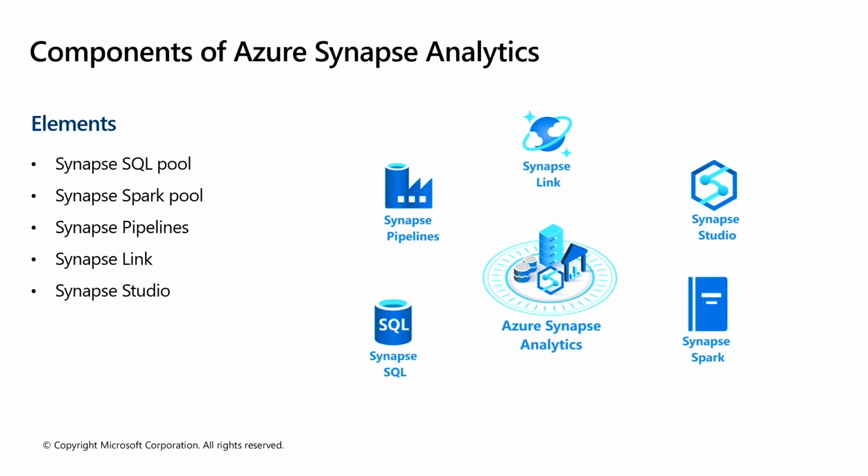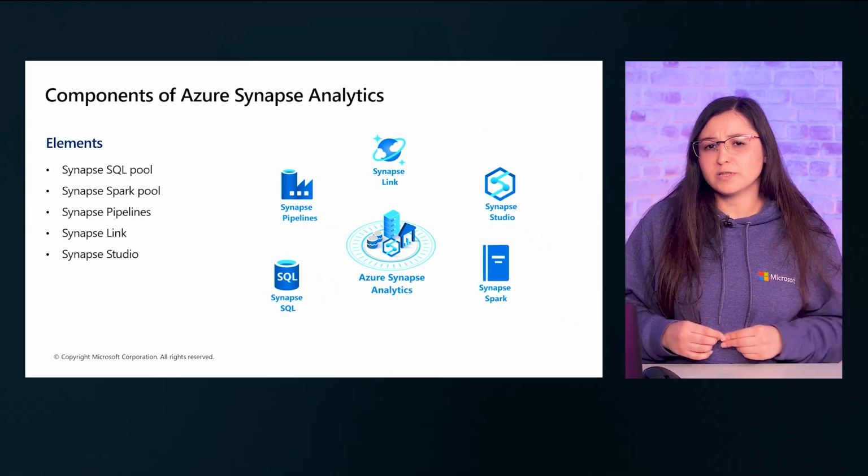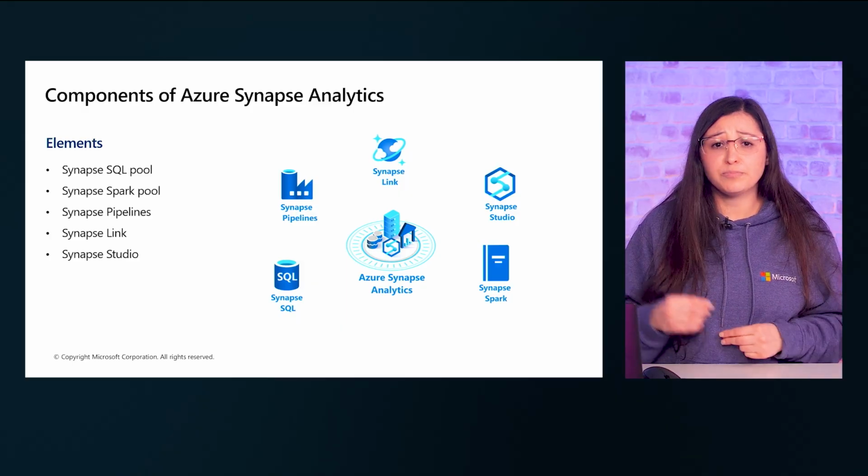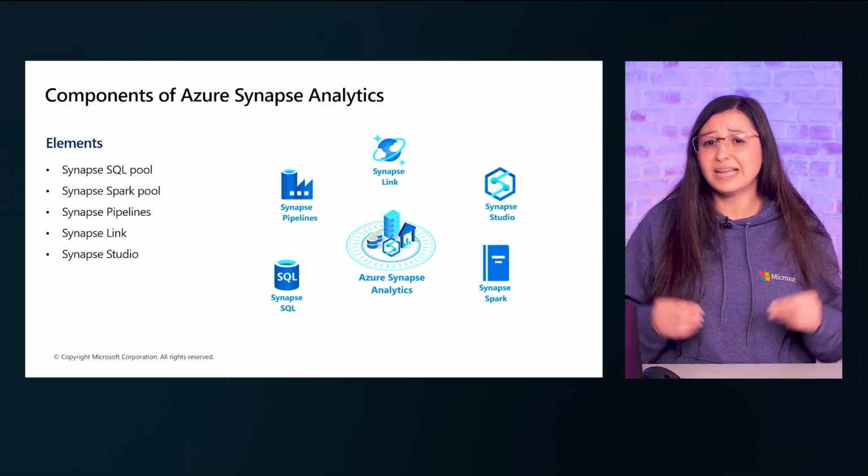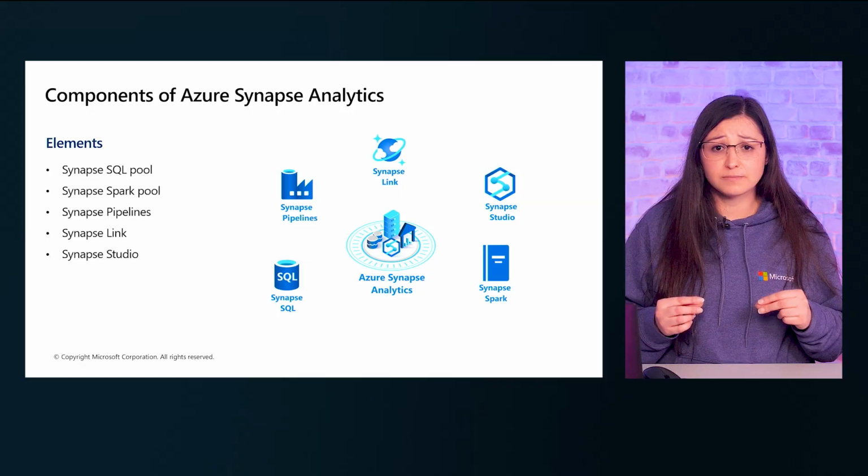Let's break down the Synapse Analytics components. Synapse SQL pools come in two models: dedicated for predictable performance and cost, or serverless for on-demand queries over the data lake. Spark pools: managed Spark for ETL, data engineering, and machine learning, supporting multiple frameworks.